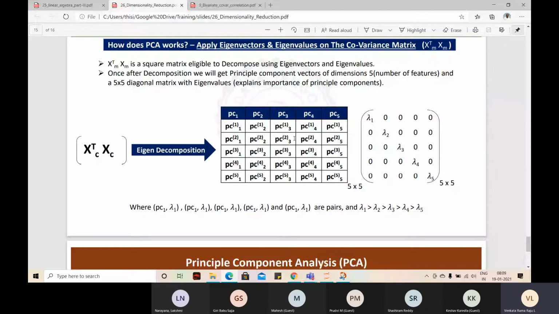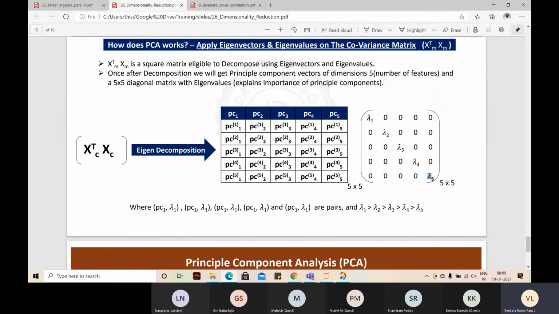You will get principal components as 5 by 5, and you will get the explained variance ratio, which we call eigenvalues. This value belongs to the first principal component. This value belongs to the second principal component. This value belongs to the third, this to the fourth, and this to the fifth one.